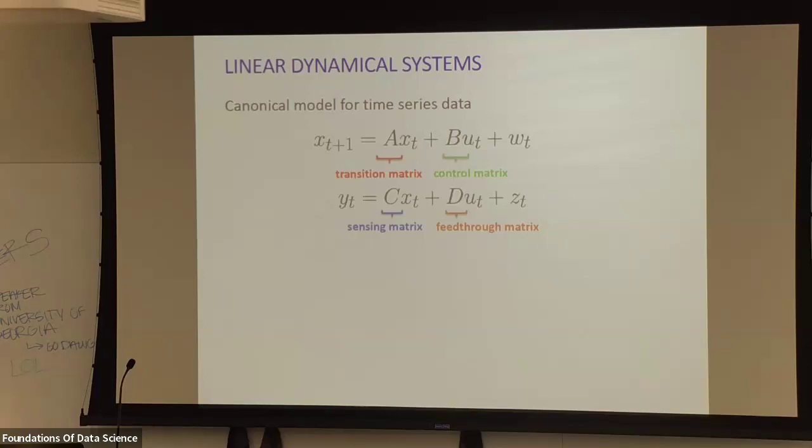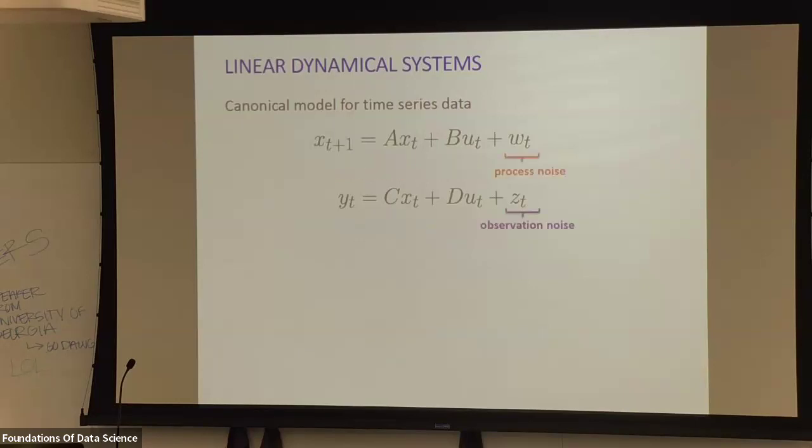So we'll talk more about that. But there's also this control matrix B that describes the relationship between the inputs we can give to our system and what effect it has on the hidden state. And finally, we have these sensing and feed-through matrices that describe the relationship between our observations, the y_t's, and what's going on under the hood in terms of the hidden state and the control vectors.